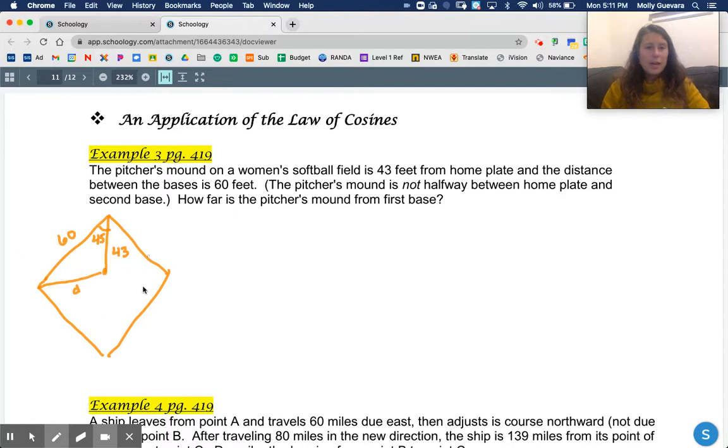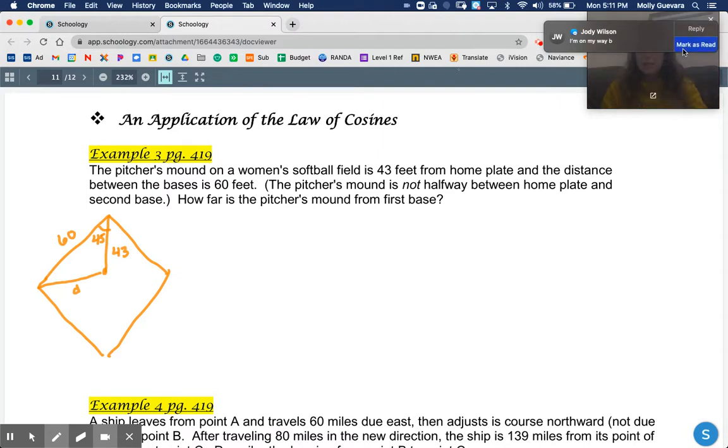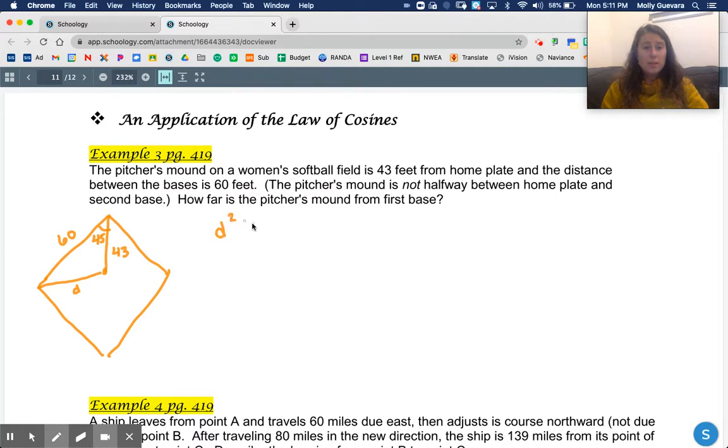So again, I have a side, angle, side. And the question is, do I know an angle and the side across from the angle? And the answer is no. So I cannot use law of sines. I have to use law of cosines. So that tells me that I'm going to have d squared, right?